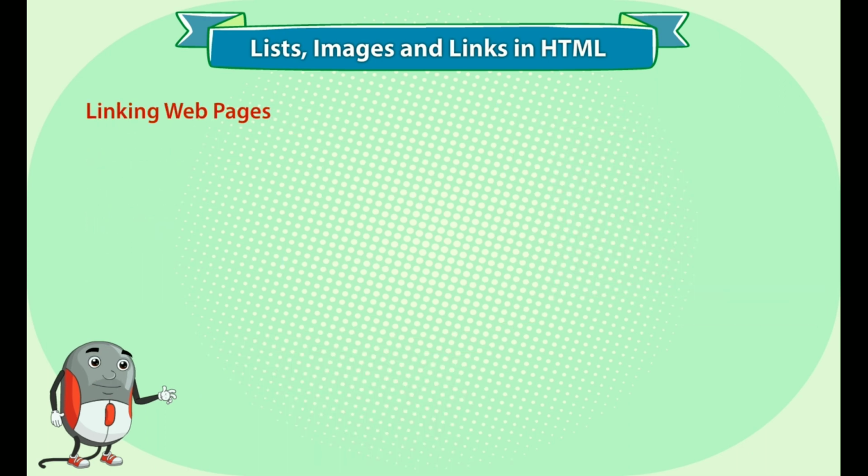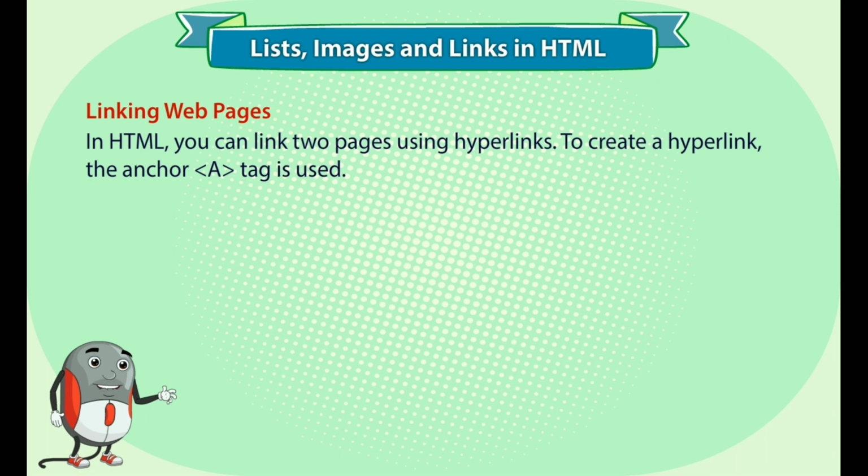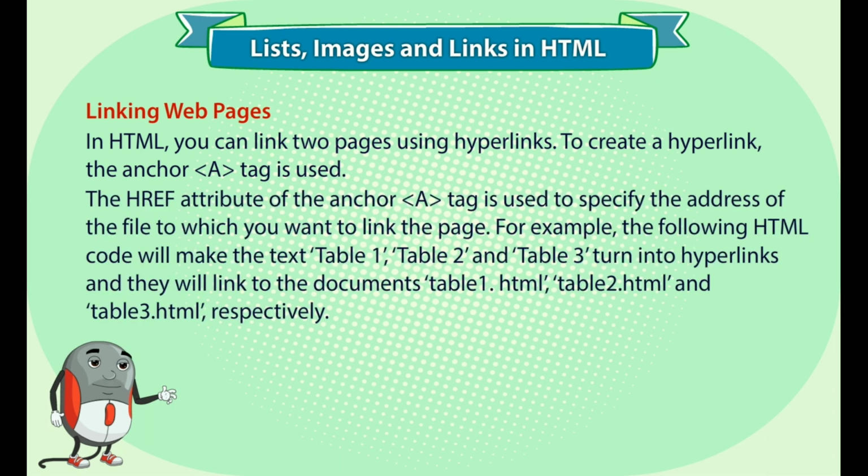Linking web pages. In HTML, you can link two pages using hyperlinks. To create a hyperlink, the anchor A tag is used. The href attribute of the anchor A tag is used to specify the address of the file to which you want to link the page.